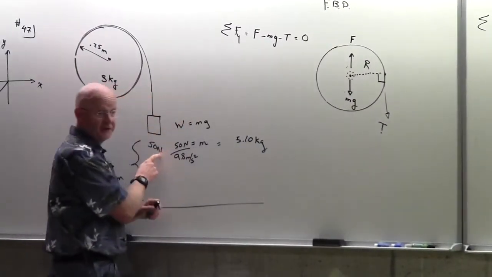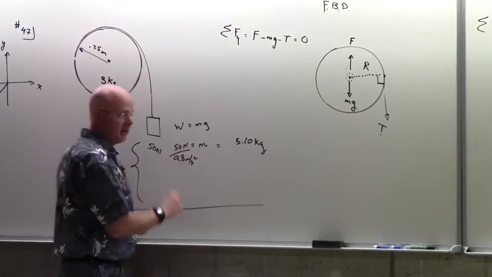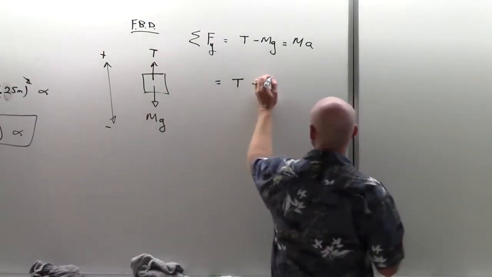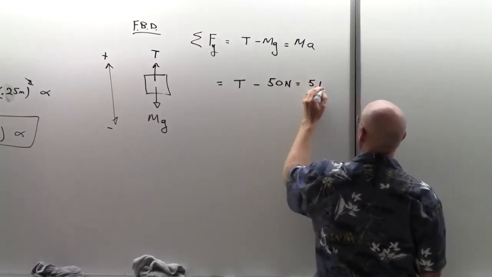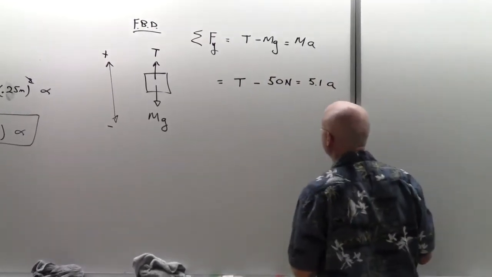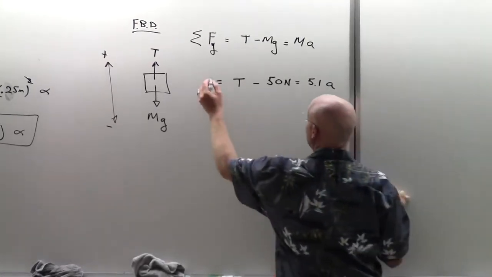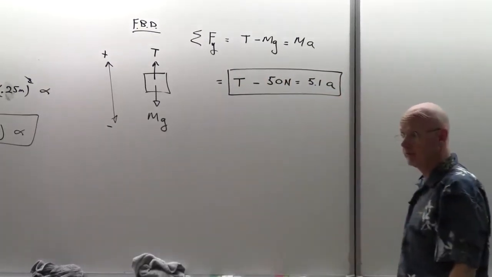This must be the 50, right? This is the 5.1 times the 9.8. And so the weight of this thing is 50 newtons equals 5.1 A. And I'll put a box around that equation also.